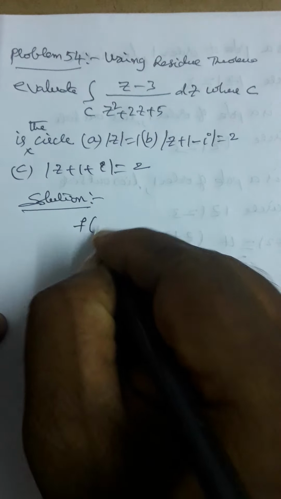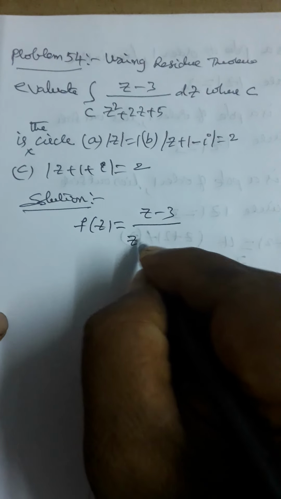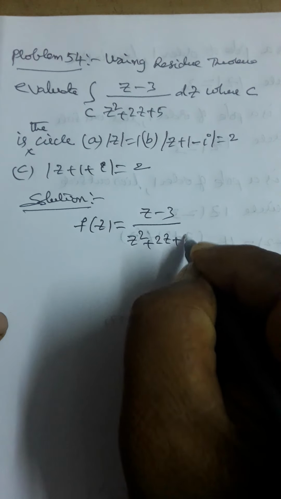Solution. f of z is equal to (z minus 3) by (z square plus 2z plus 5).